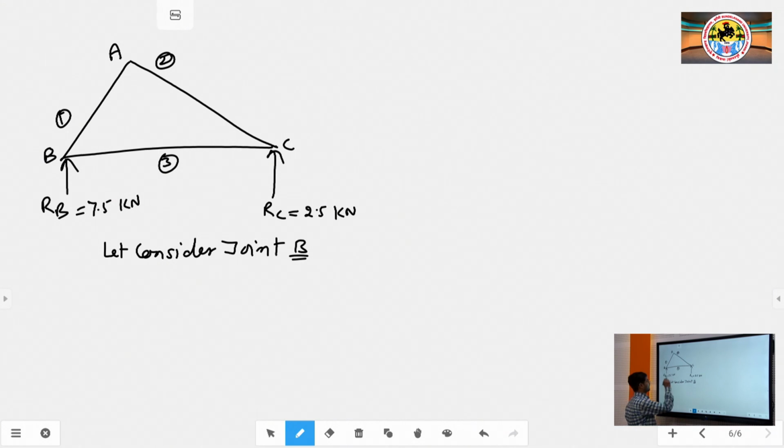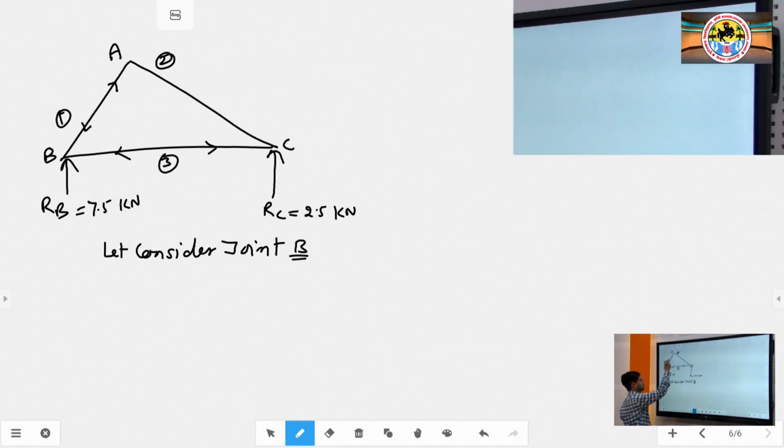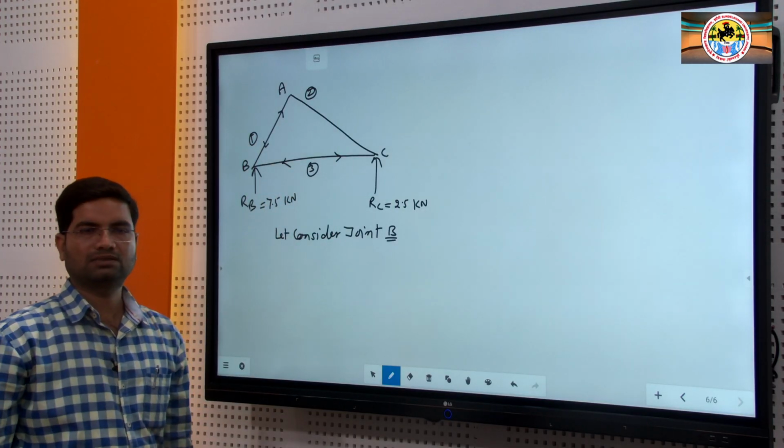By considering this joint B, initially we will assume that some stresses are acting on this member AB like this, and like this on this member. Initially we have assumed a direction; you can assume any direction, even just the opposite.